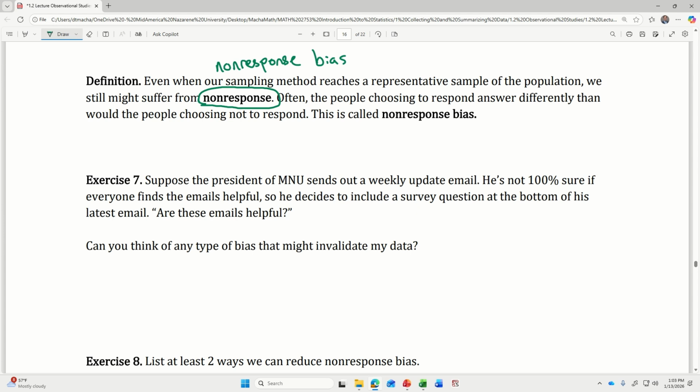Suppose the president of MNU sends out a weekly email update. He's not 100% sure if everybody finds these emails helpful. So he decides to include a survey question at the bottom of his latest email, and it says, "Are these emails helpful?"